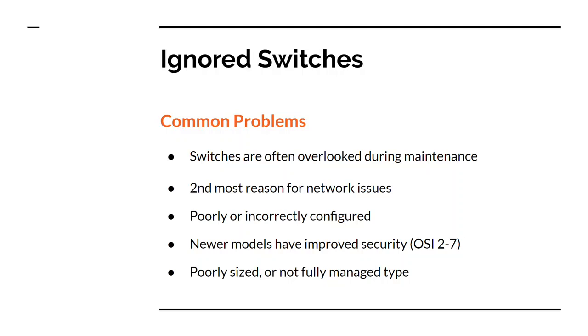So what I mean by poorly sized is that the switch itself was meant for, say, an entry-level network, a few devices here and there, and suddenly there's an influx of data because there's backups or there's data transmitted to a cloud provider, and then the switch cannot handle it, and then there's also spanning tree loops, even though there's protection.